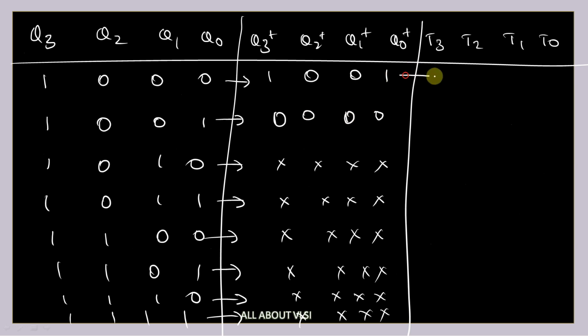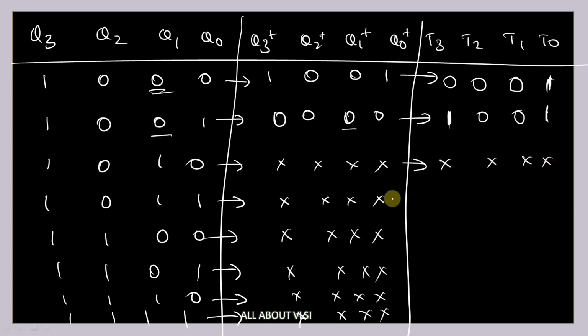Now I need to fill this. So my T0 is equal to 1, T1 is 0, T2 is also 0, and T3 is also 0. And coming to the next, T0 is equal to 1 only, T1 is 0, T2 is also 0, and T3 is equal to 1. And all the remaining are don't cares.